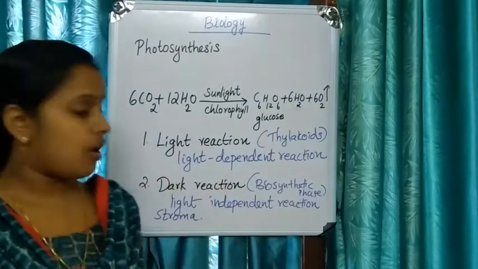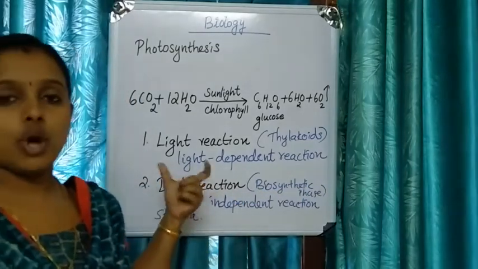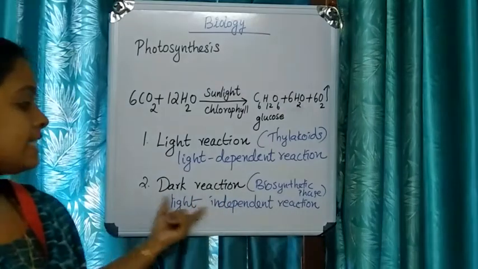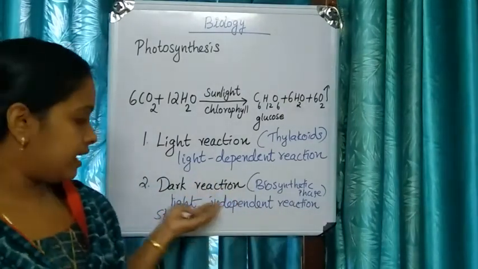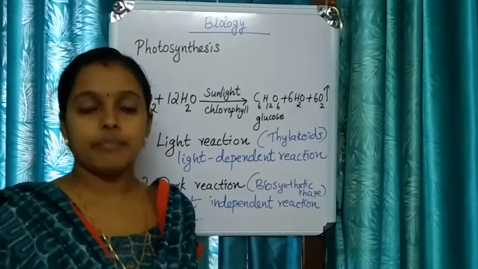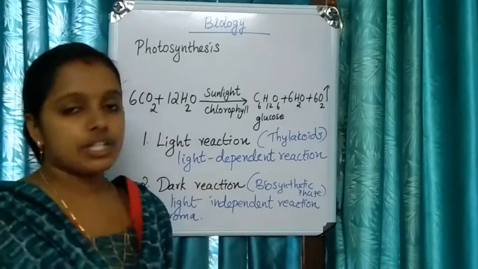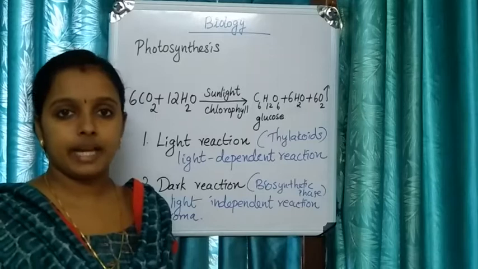Dark reaction or biosynthetic phase. Now, the most commonly used term is light independent reaction, more than dark reaction. We can use light independent or biosynthetic phase, because this dark reaction takes place along with the light reaction during daytime.